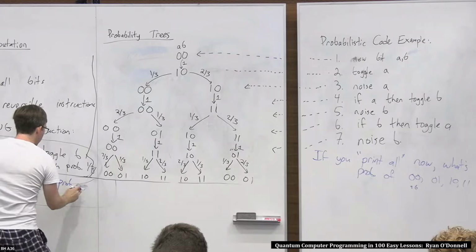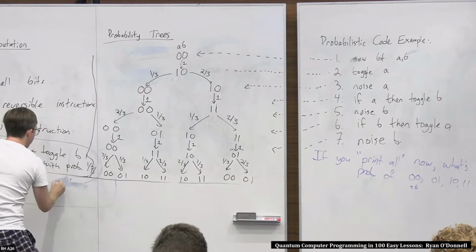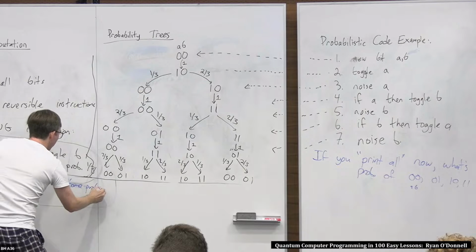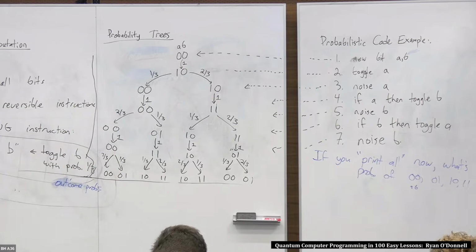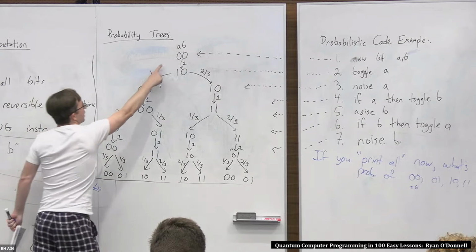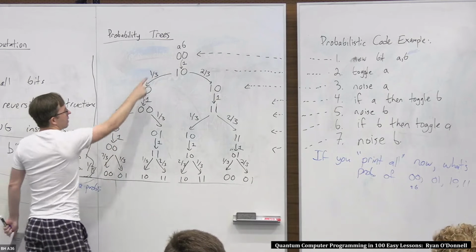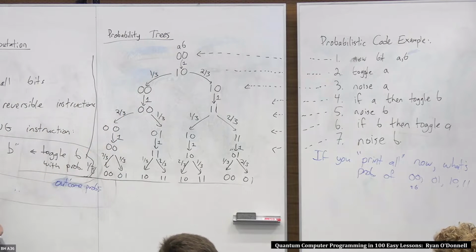Each of the paths down to a leaf is one particular trace that the code could have taken. And I hope you'll agree, the probability of it taking this trace, let's say this leftmost trace that ends up with A and B being 0, 0, is the product of the probabilities along the path.